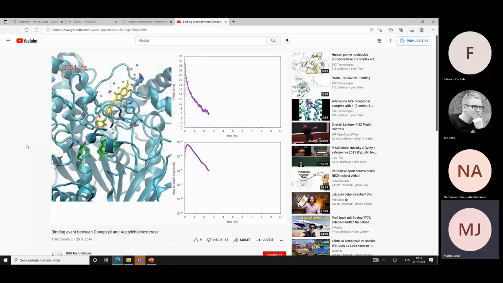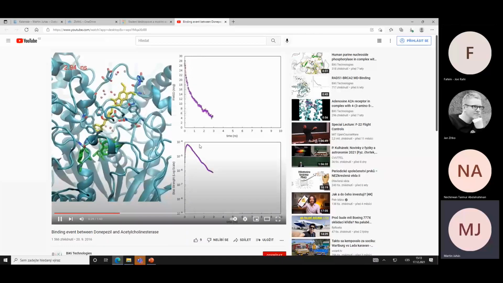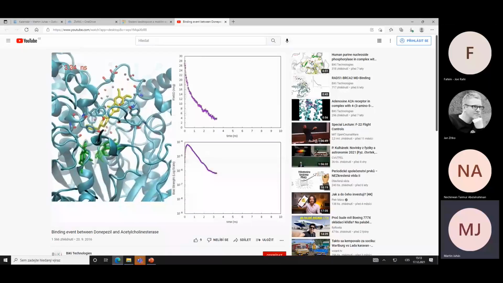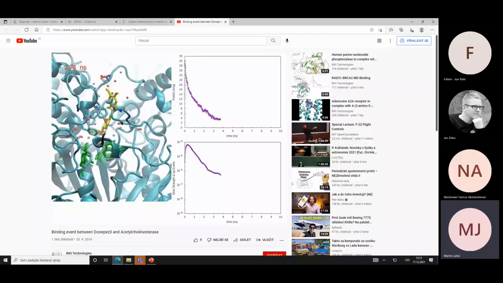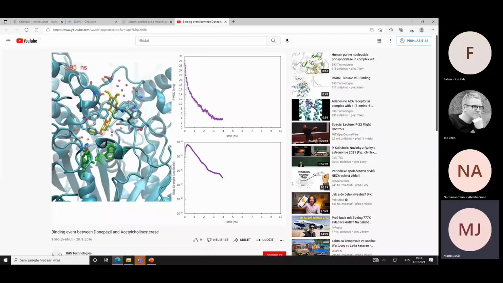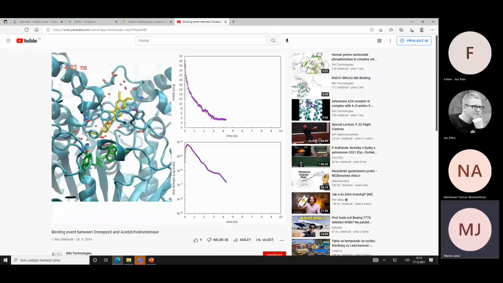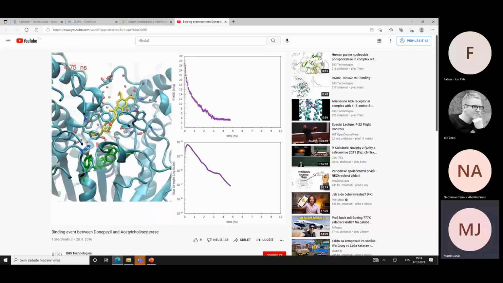You can see that it took 10 nanoseconds to run this simulation, but there is one very important thing: this was not ordinary molecular dynamics. It was accelerated in a specific way, so they knew how it's supposed to go. They were just taking the donepezil molecule and pushing it inside.